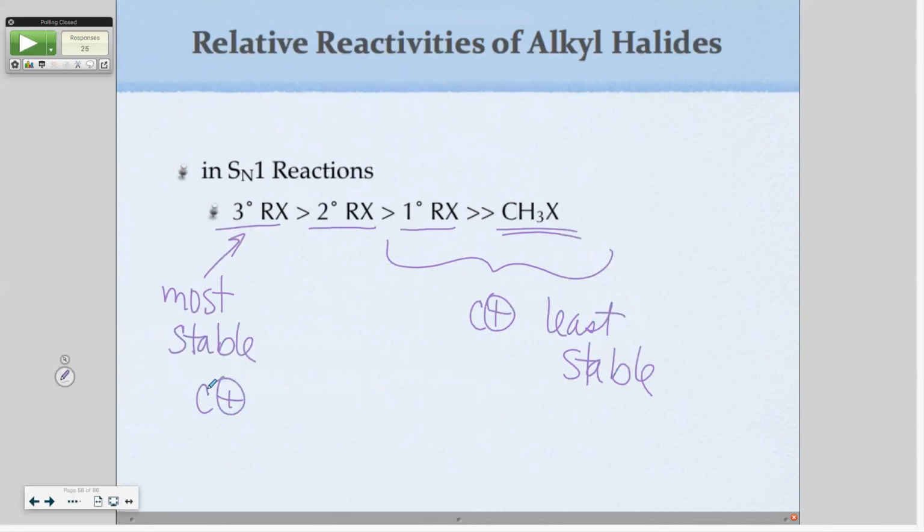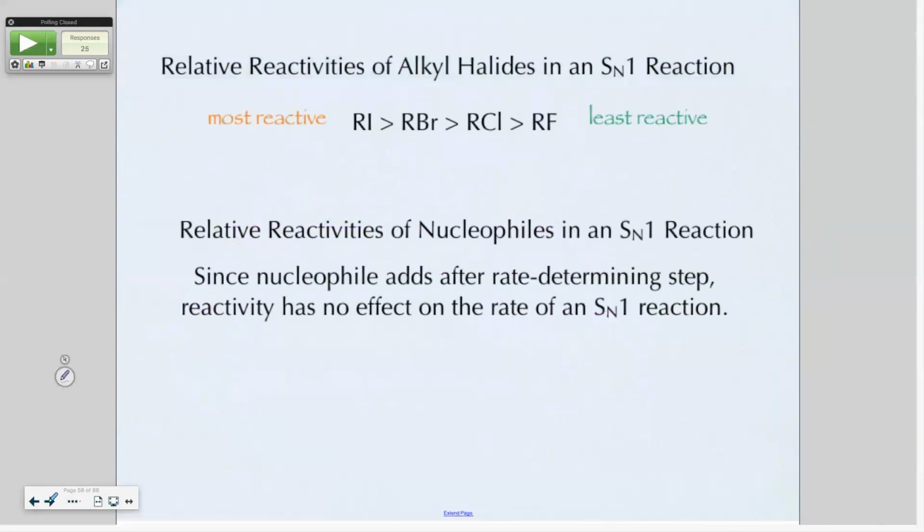All right, so over here, when you look at the alkyl halides, it's the same as SN2, because the iodide is the better leaving group. Okay, then the bromide, then the chloride, then the fluoride.